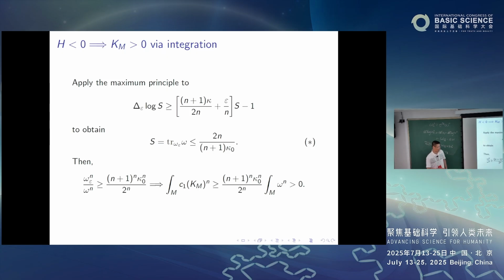Now from here we can get a volume bound because we just do an elementary inequality, the arithmetic-geometric inequality. The trace is the arithmetic average, and the trace is greater than the determinant. So from here it is easy to get this bound. From this bound you just multiply by omega n and do integration. Then that's the proof.